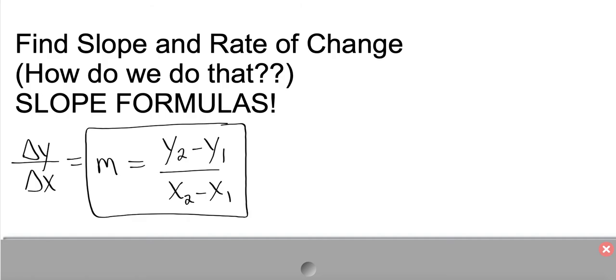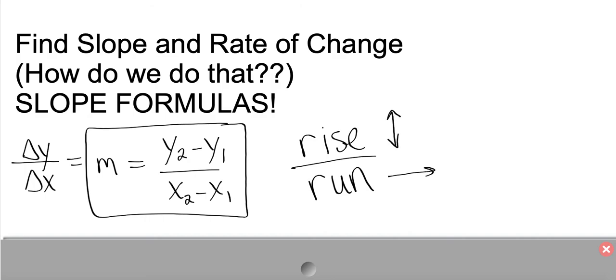You might want to write that down somewhere. It's not on the wall in the classroom, and you'll need to use it for your homework if you don't remember the slope formula. Another way, if you're looking at a graph, is rise over run. You count how far up or down, and then how far left and right.